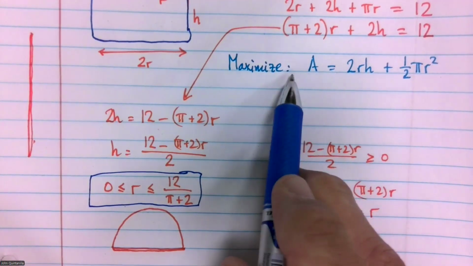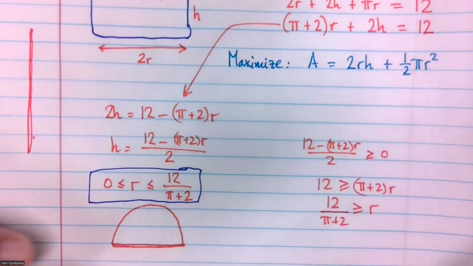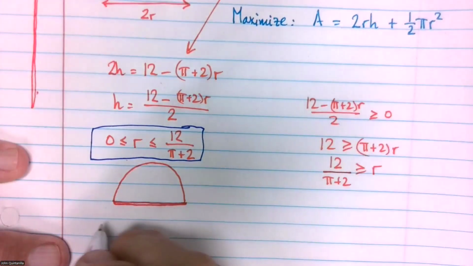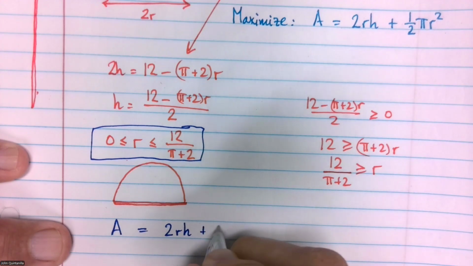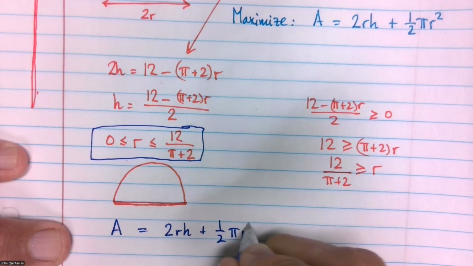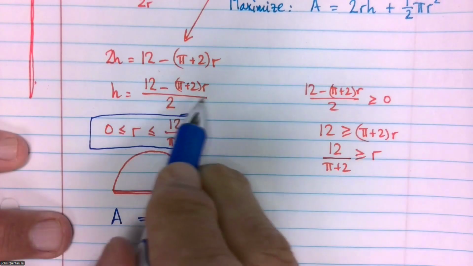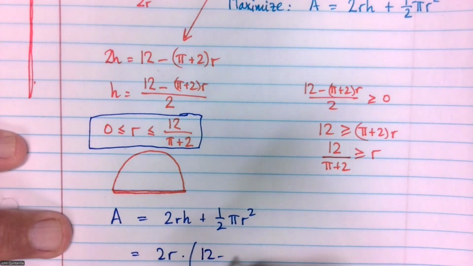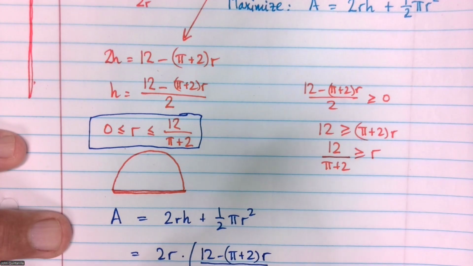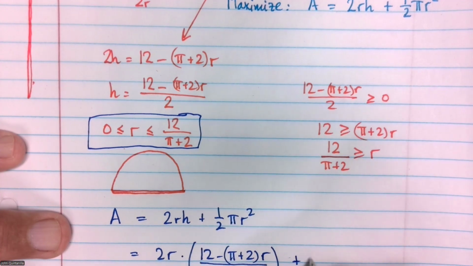Now, the question at hand is to maximize the area. Let me recopy what I see here. A is equal to 2rh plus 1/2 pi r squared. I found h to be equal to this, so let me substitute that in: 2 times r times (12 minus (pi plus 2) times r) all over 2, plus 1/2 pi r squared.